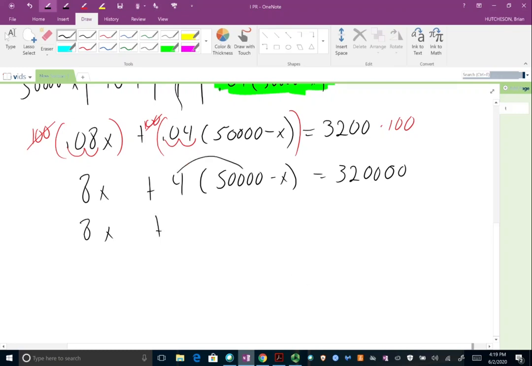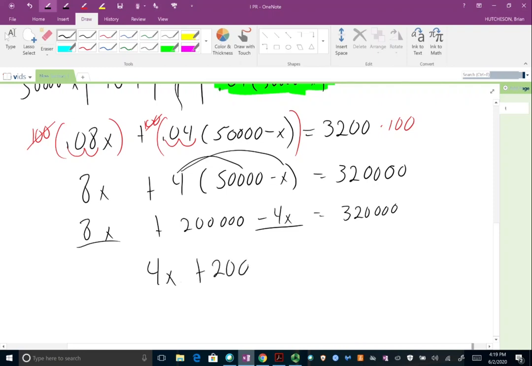So 4 times 50,000 is 200,000. That becomes minus 4x is equal to 320,000. Combine my like terms. 8 chickens minus 4 chickens gives me 4x plus 200,000 is equal to 320,000.